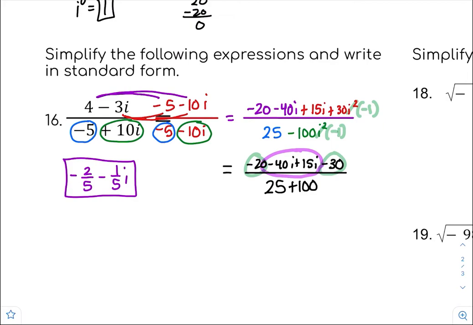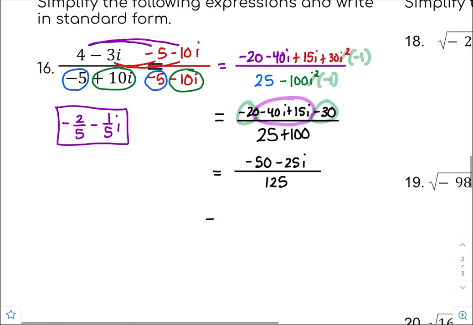Negative 20 minus 30 is negative 50. Negative 40 plus 15 is negative 25i. And the bottom, 125. So you split up that fraction.